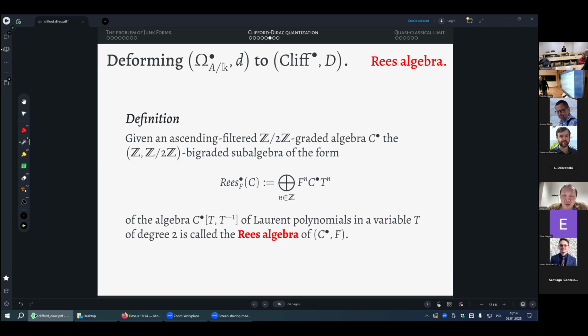The Rees algebra is Z2 bigraded. The Z grading comes from the filtration. The Z2 grading comes from the original Z2 grading. You are not taking the quotient, it's a direct sum, no quotients. But if you ask about quotients, I can explain.